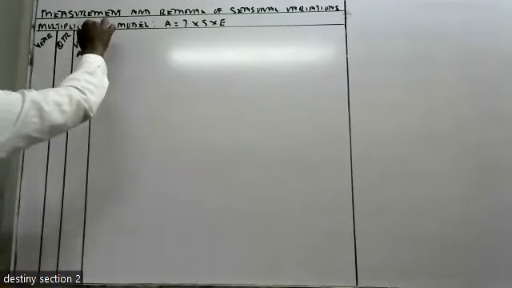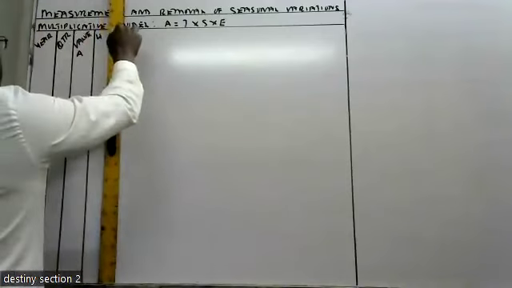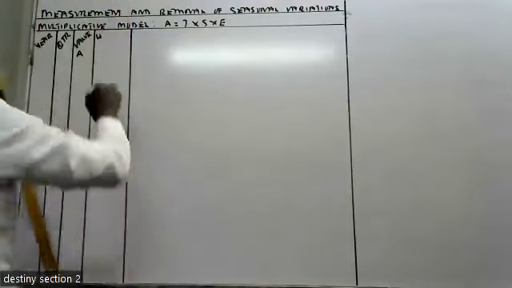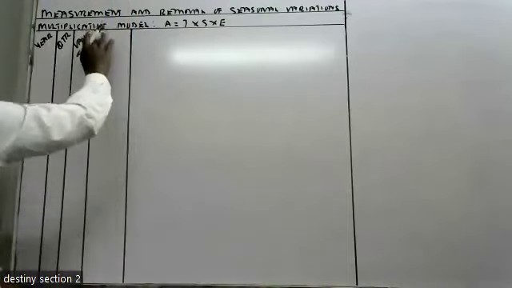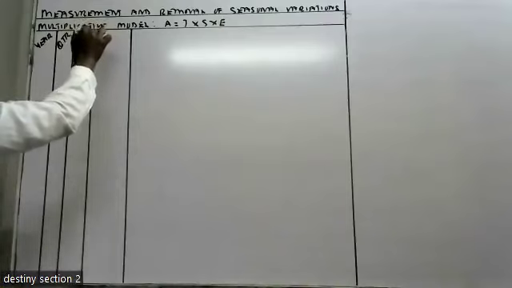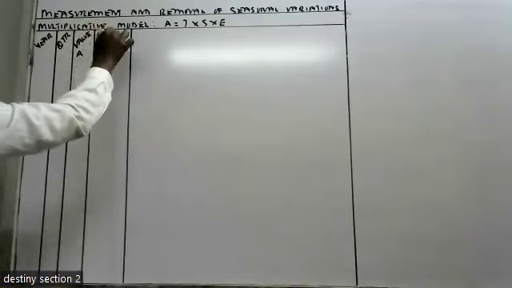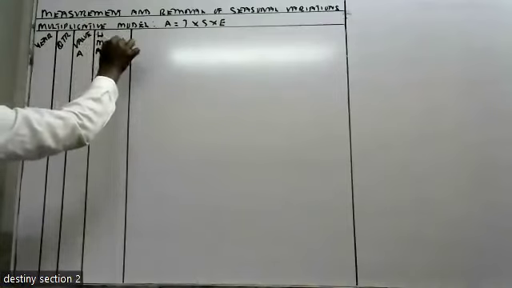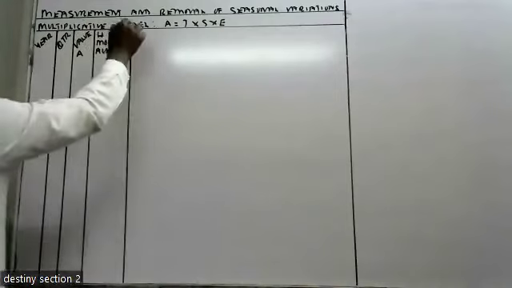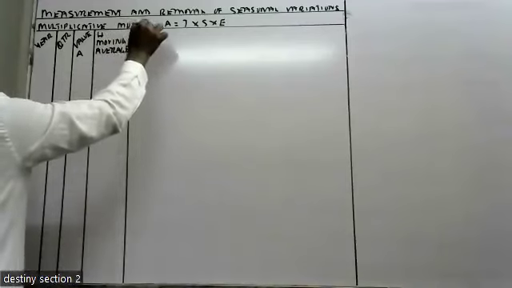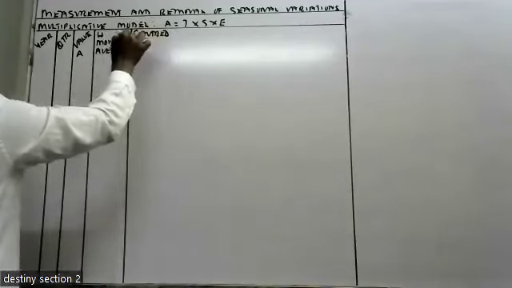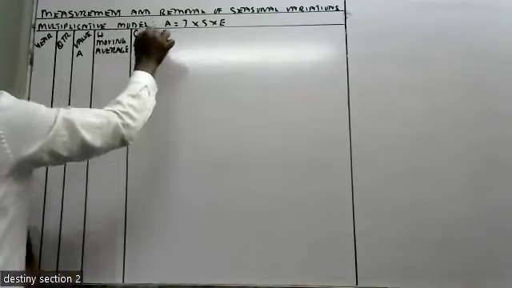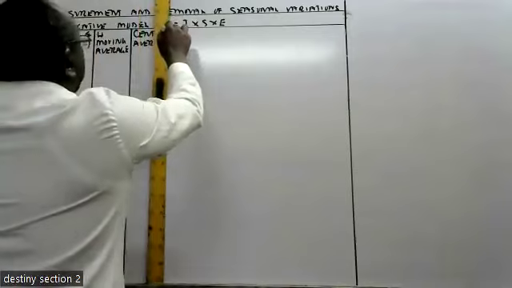The next column is called 4 moving average. The next one is called centered average.